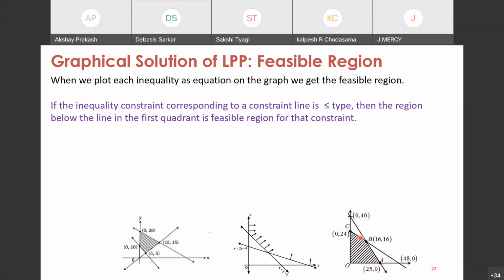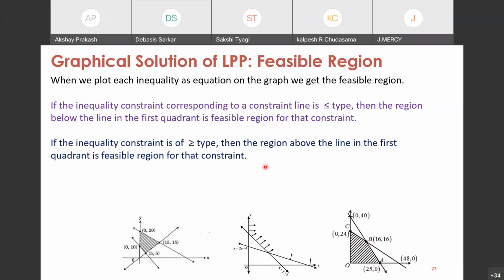Now, when you consider both constraints, the common region is the feasible region for the decision variables x1 and x2, the shaded region. Now, if it is greater-or-equal-to type, then the region above the line will be the feasible region for this particular case.